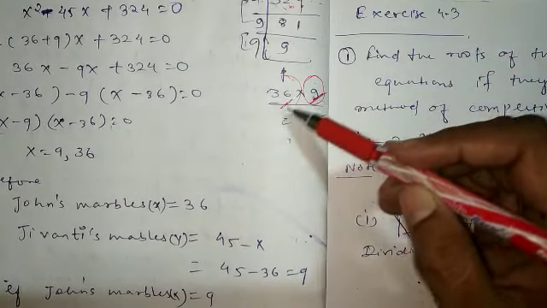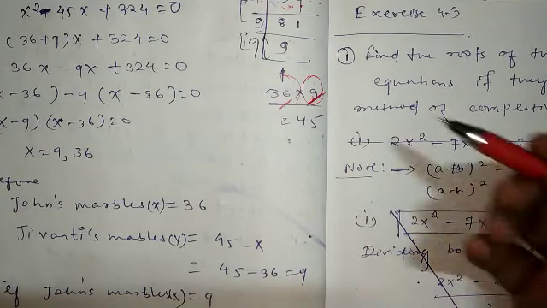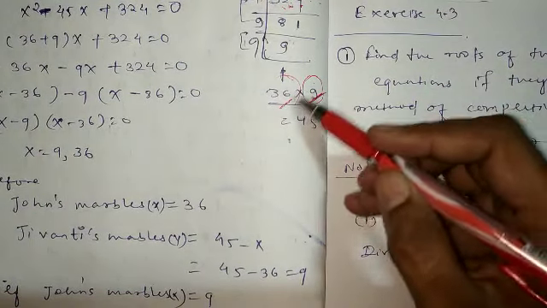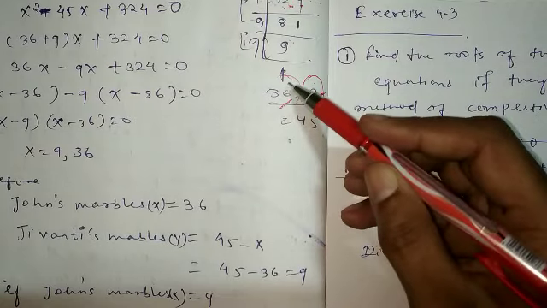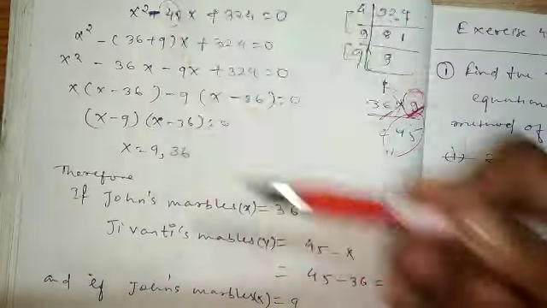So 36 and 9, and we can see that after adding 36 and 9, we'll get the number 45. That is our middle term. See, this is our middle term.